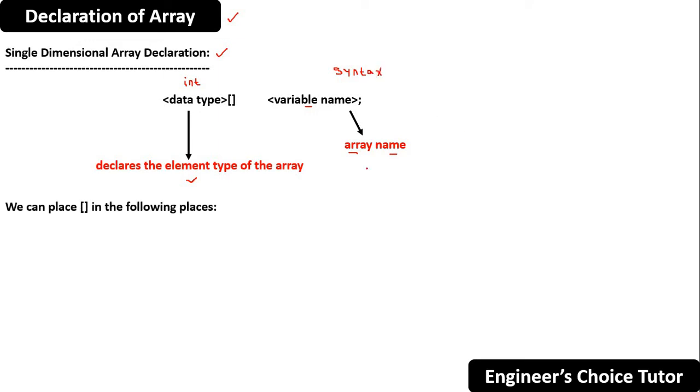So, we can place this square bracket in the following places: after data type, or before variable name, or after variable name. Is it clear? Let's see one by one. For example, here see int square bracket space a. It is 100% valid. Here we are placing this square bracket after data type.